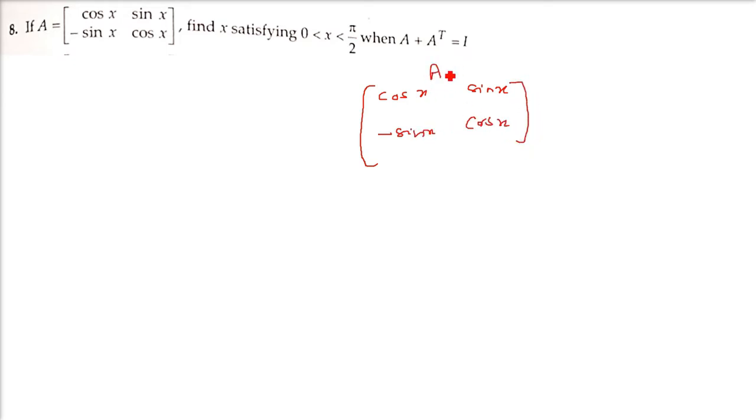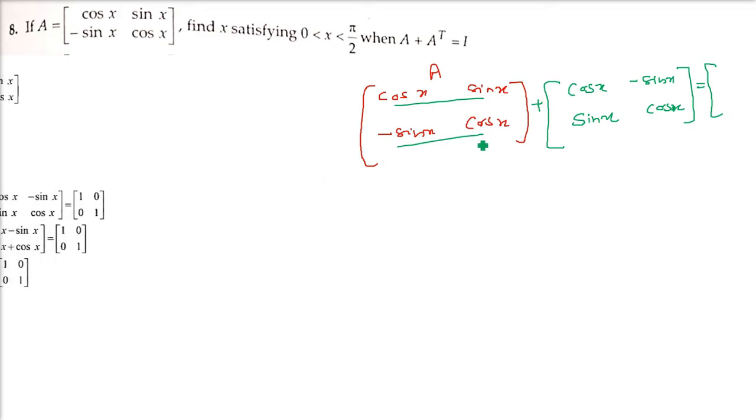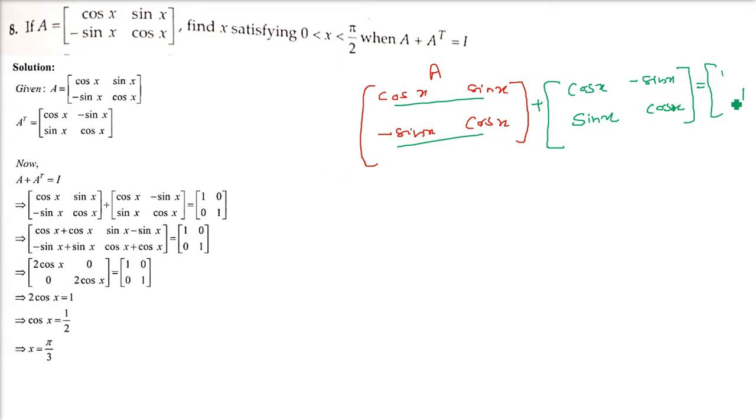Now add the transpose one. A transpose: cos x and sin x will become the column, cos x, sin x, and minus sin x and cos x. Okay. So this is equal to the identity matrix, 1, 1, and 0, 0.